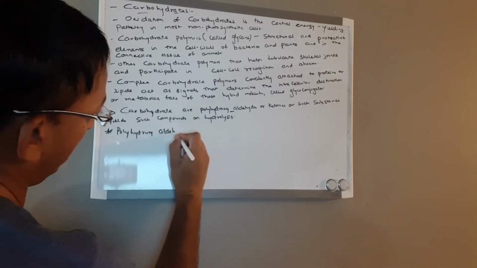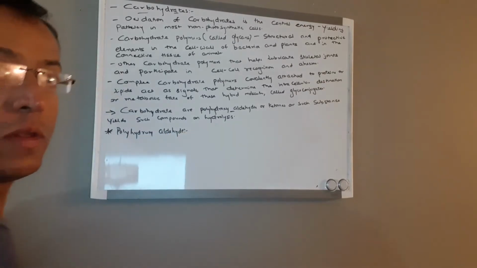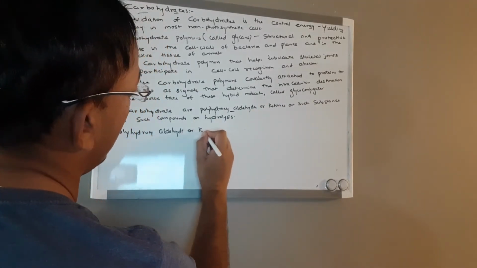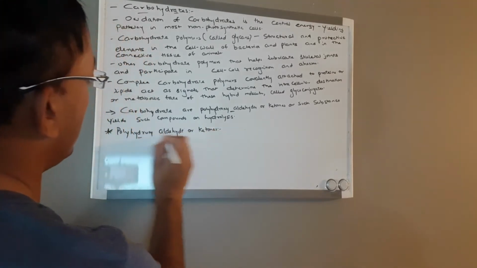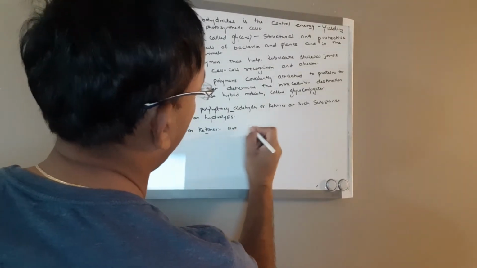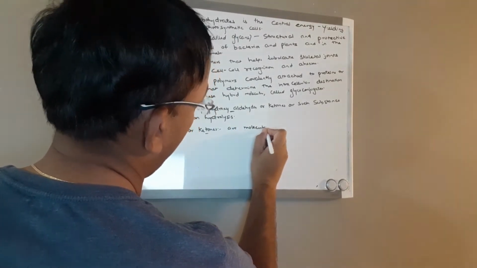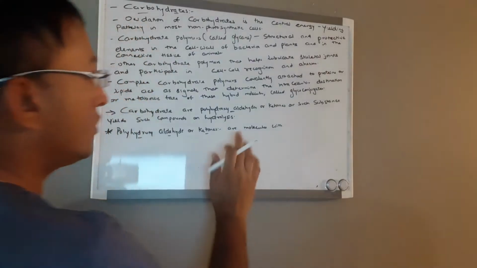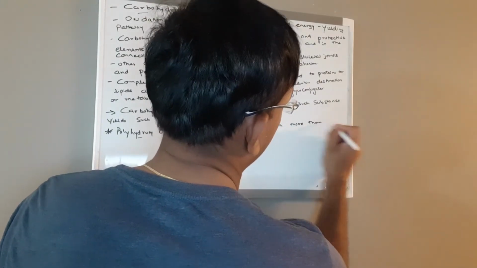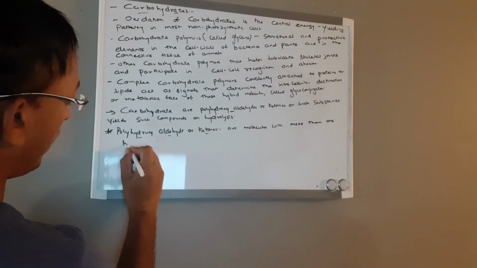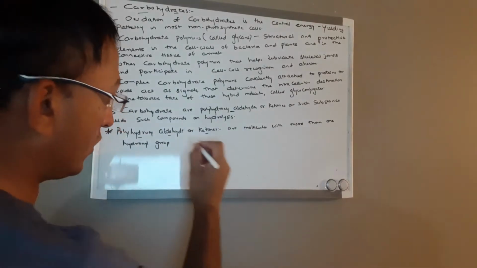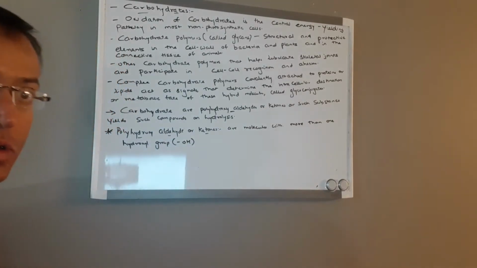The polyhydroxyaldehydes or ketones are molecules with more than one hydroxyl group, right? This hydroxyl group is represented as this, correct?